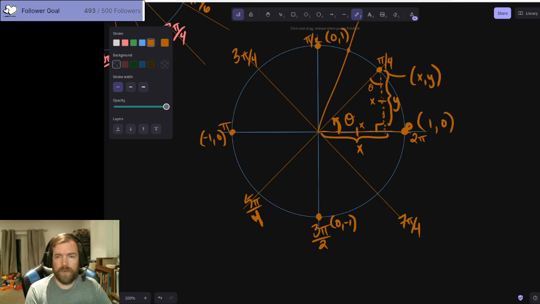Literally any direction we want to go, our radius is always just going to be 1 for this unit circle. So this radius is also 1. Alright, what's the relationship between the three sides?